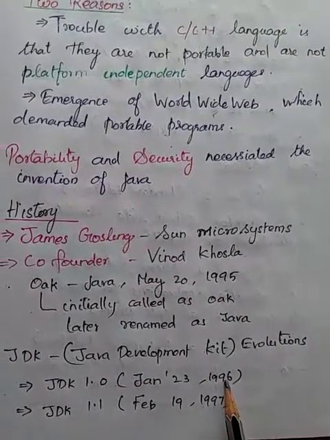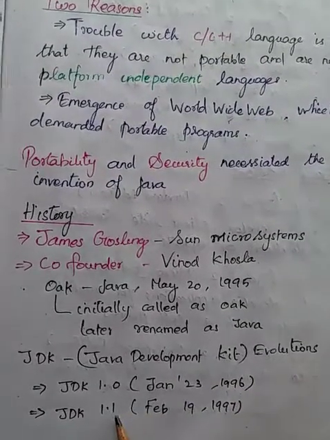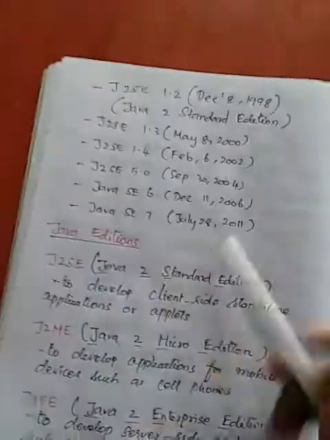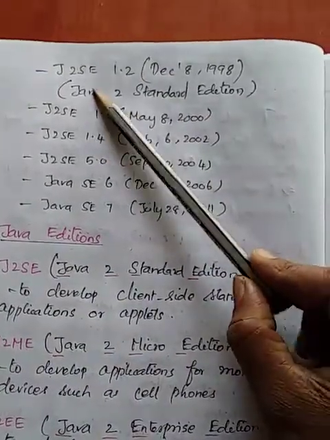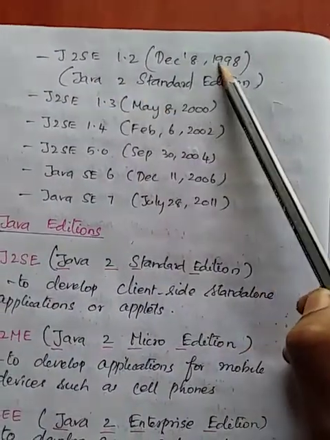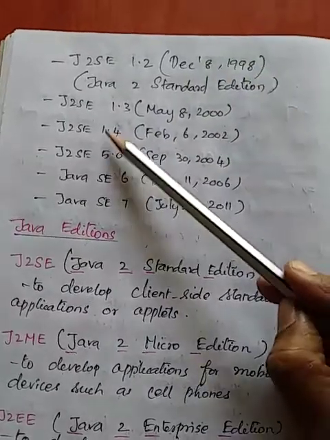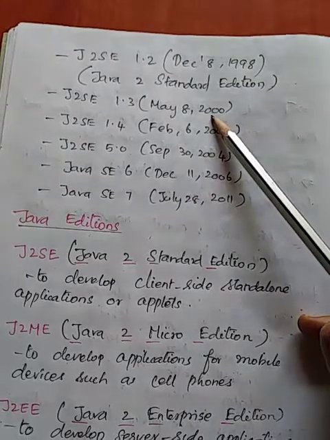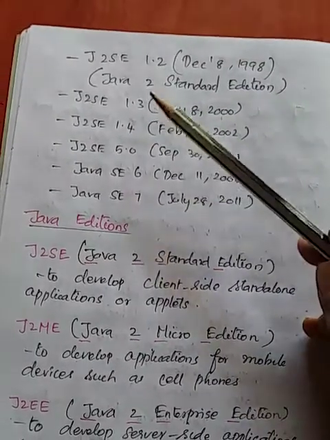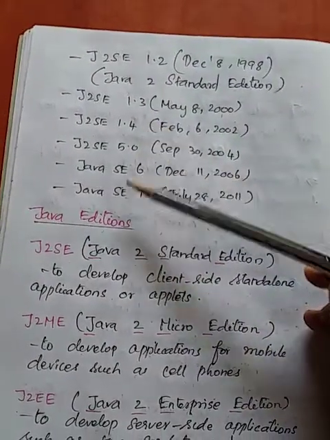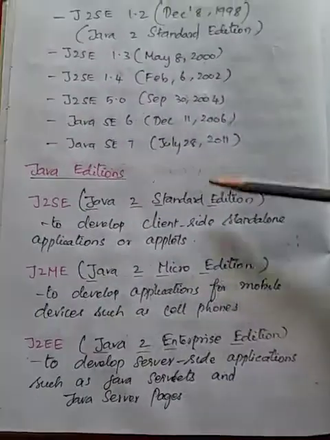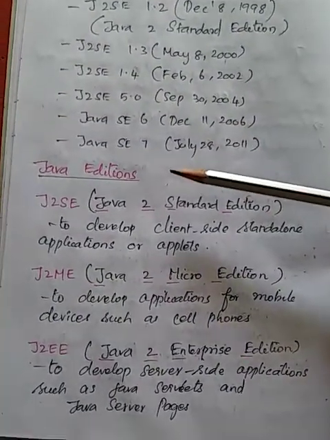It was introduced in 1996, and version 1.1 came into use in 1997. J2SE, Java 2 Standard Edition, came into use in 1998. J2SE 1.3 came into use in 2000, and various versions evolved later, in 2002, 4, 6 and 12. We need to know the various editions of Java.